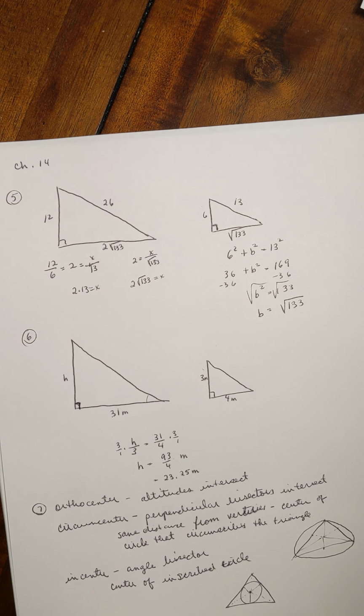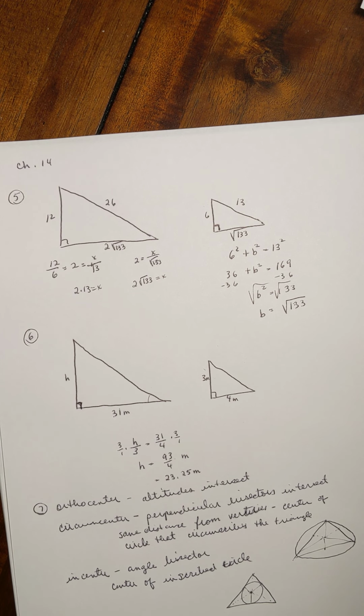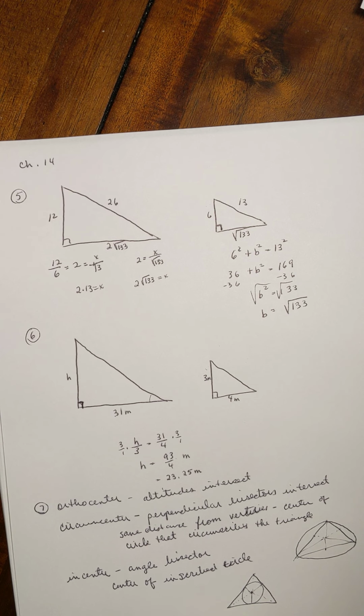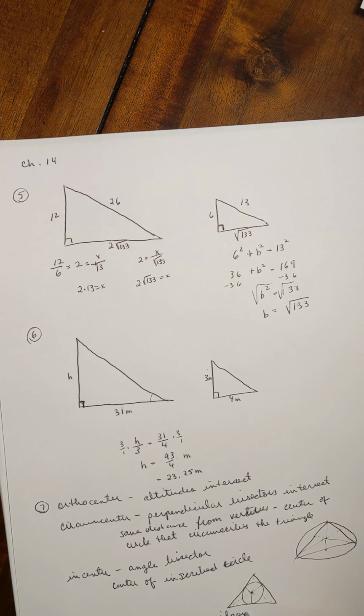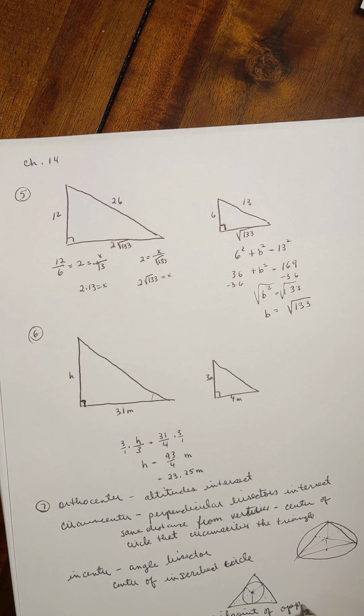And then the last one is a centroid. And the centroid is the lines that connect each vertex to the midpoint of the opposite side.